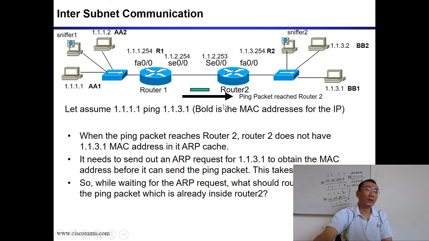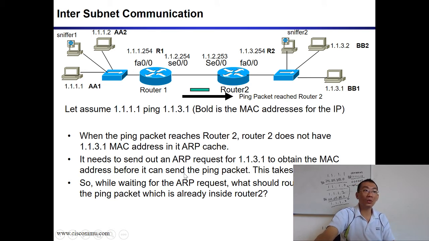Okay, so let's go back to here. So this packet finally reaches here. Okay, so then router 2, once it reaches here, it doesn't know the 1.1.3.1 MAC address. The packet reaches here, but it doesn't know the MAC address for 1.1.3.1.